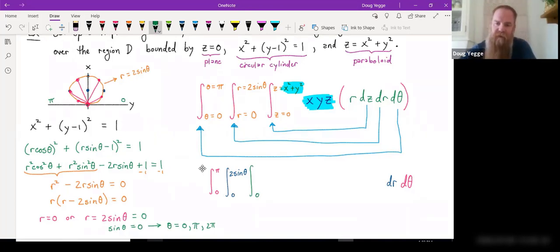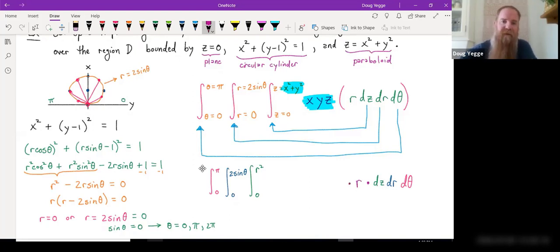Now think about this. X squared plus y squared in polar form is r squared. So now all of my limits of integration are in cylindrical coordinates, and that's going to be dz. Now one thing not to forget here is that I've got to multiply by r automatically.